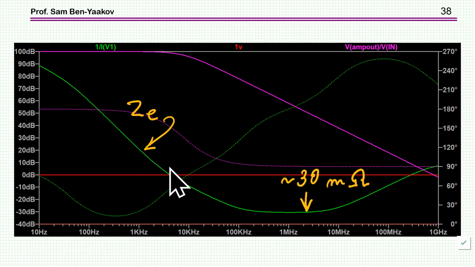And then it goes down as expected. And in this region of 2 megahertz, it's 30 milliohm. Remember that we found by a very approximate analysis and calculation 10 milliohm, so it's pretty good. It's very close to what we found, so the impedance is indeed very low.